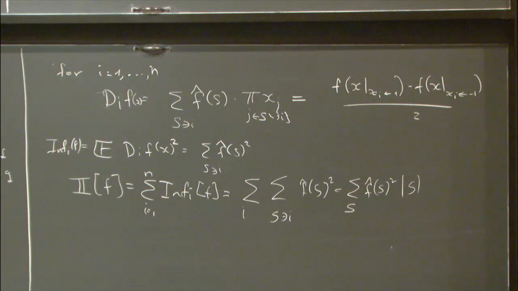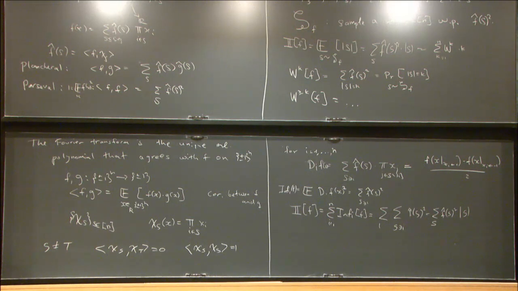I think it's good just to advertise the big question of Fourier analysis of Boolean functions. What can we say about these distributions that are special? Every Boolean function gives a probability distribution, but not all distributions.